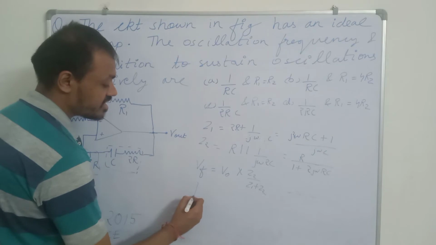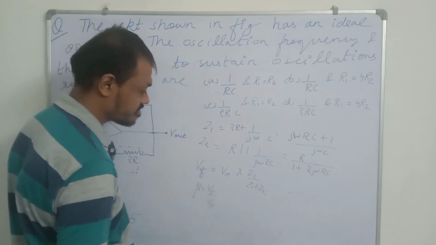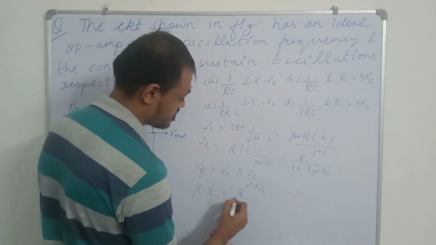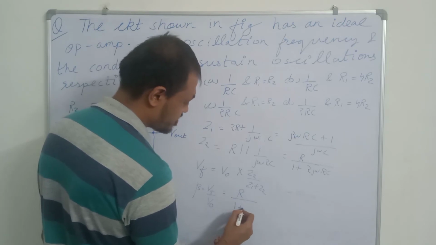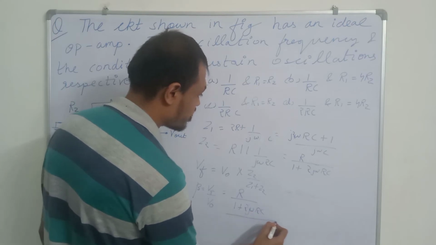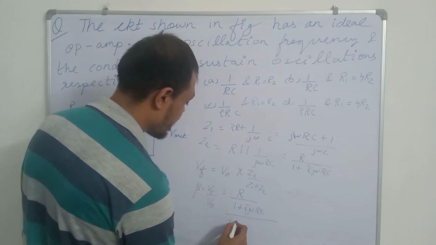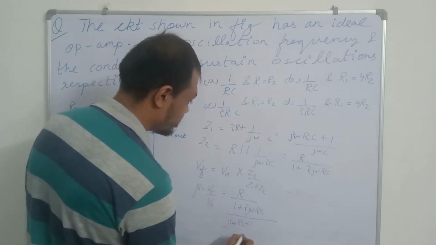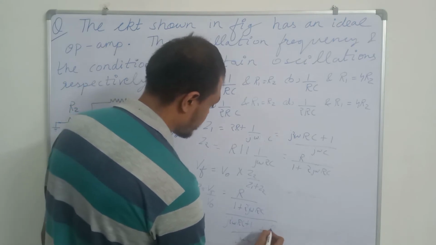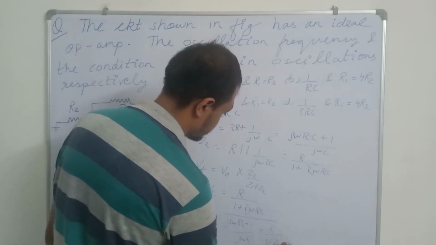So beta is equal to Vf upon V0, which will be equal to R upon 1 plus 2j omega RC, upon j2 omega RC plus 1 upon j omega C plus R upon 1 plus 2j omega RC.